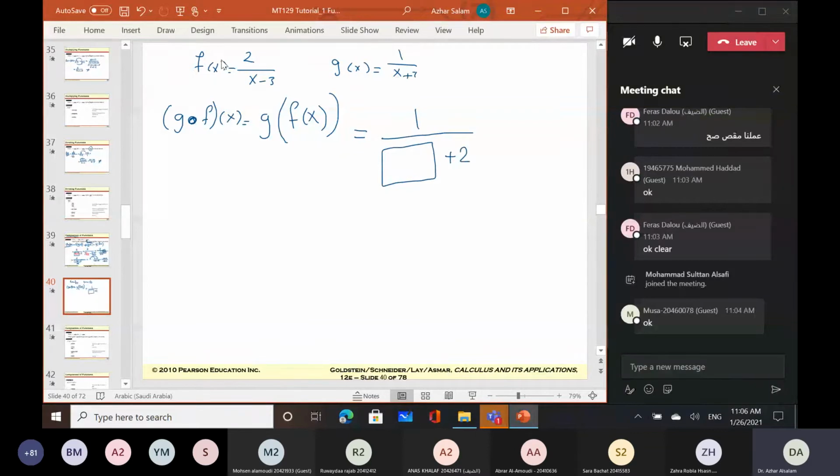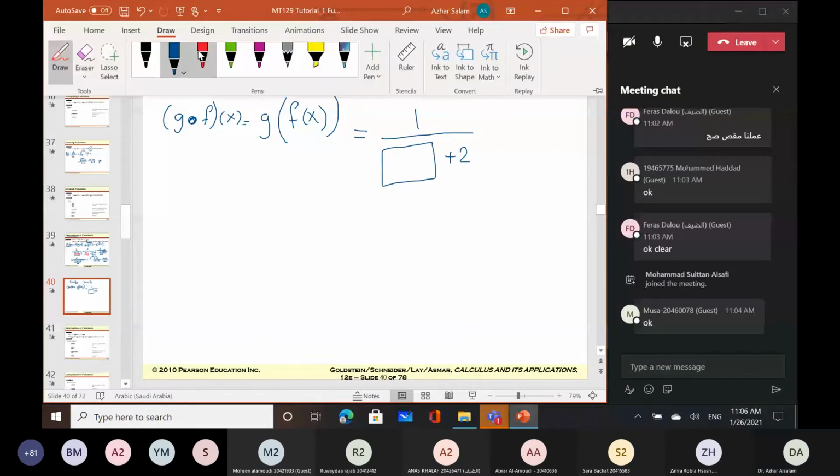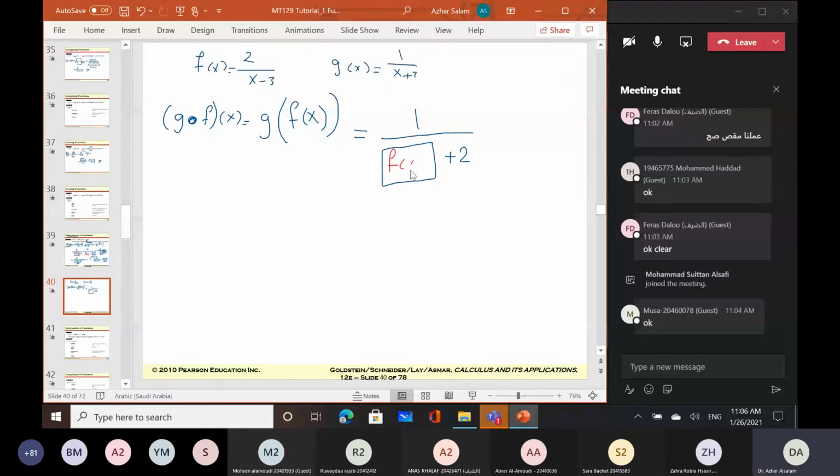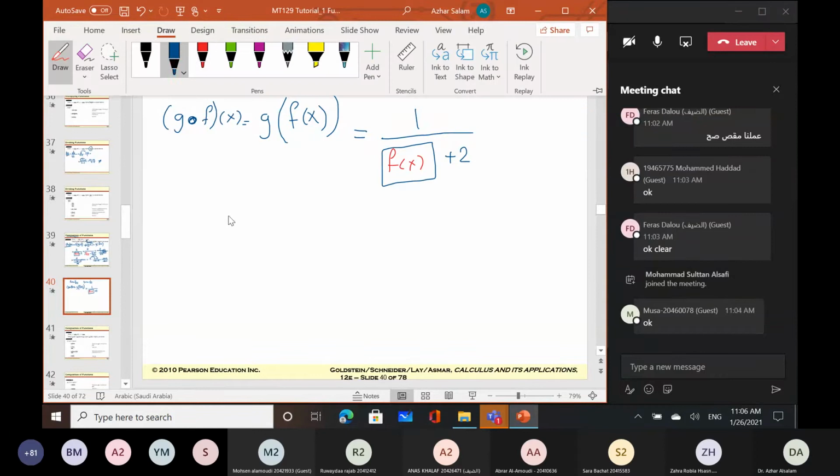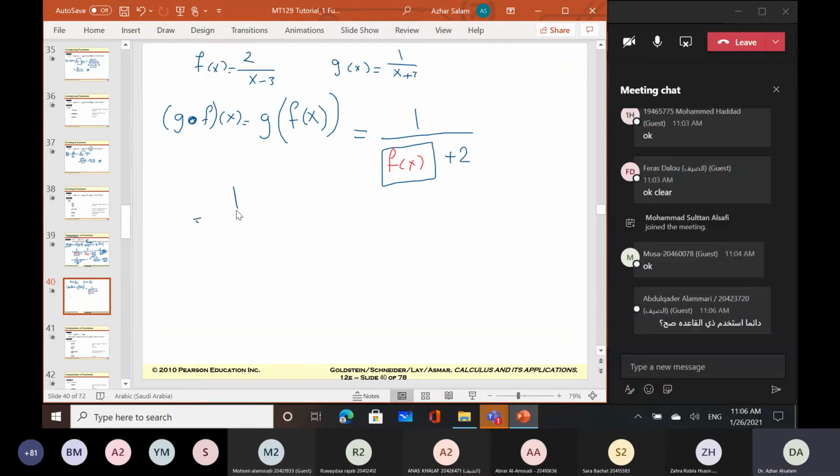Here I will write the definition of f of x, which is 1 over, 2 divided by x minus 3, plus 2. أيوة هذه القاعدة ثابتة للcomposition.